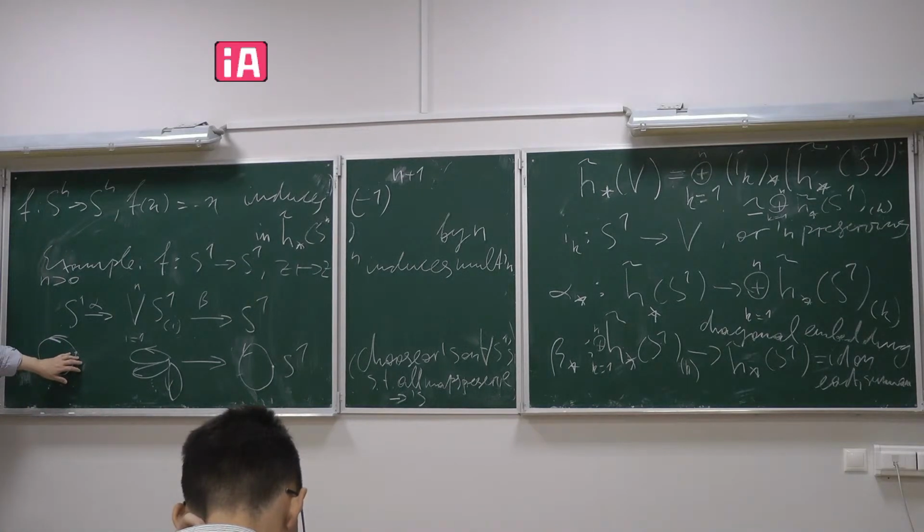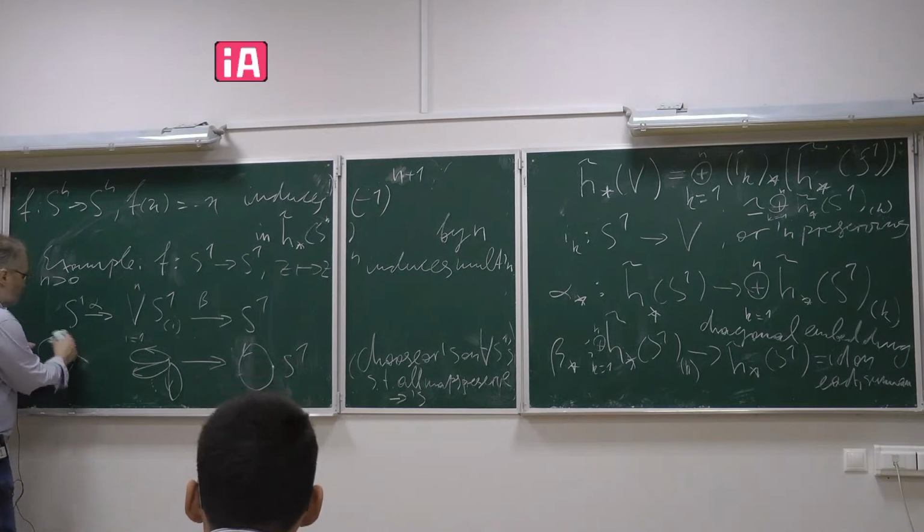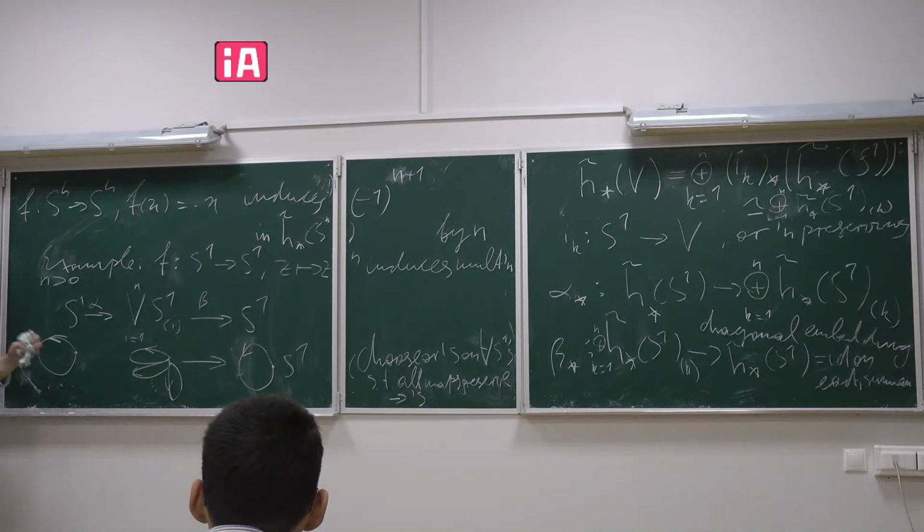On the level of circles, the following thing happens. We take this circle to one of these circles in the following manner. The circles in the wedge correspond to segments of this S1.